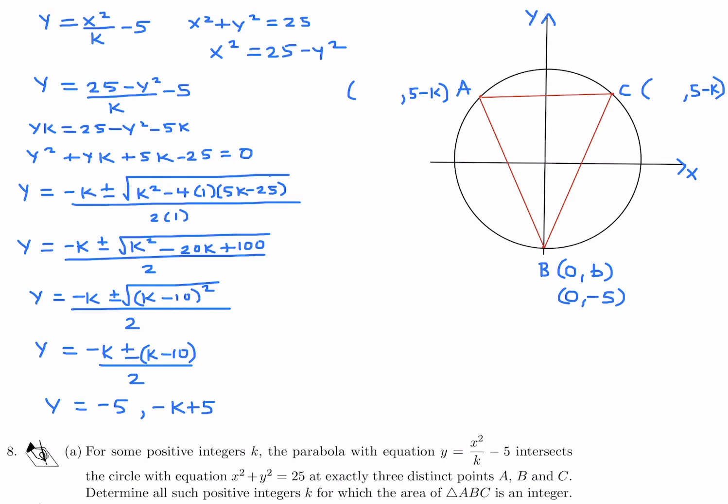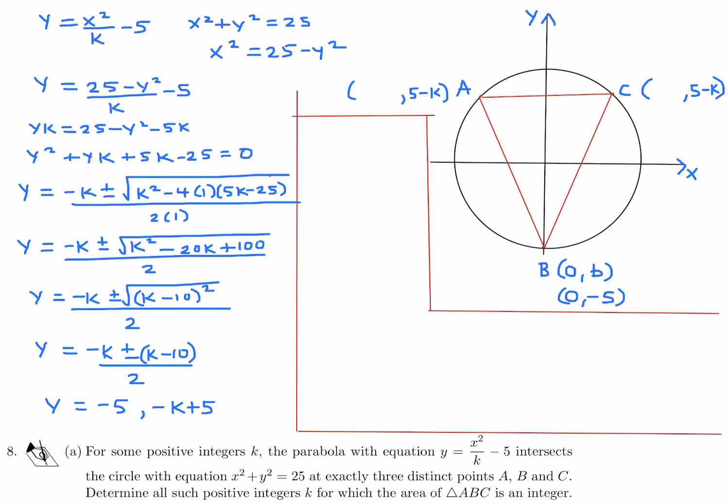Now our task is to figure out the x values. Well, to get the x values, we can substitute this into either this one or this one, whichever you feel is easier. Both of them are pretty much the same, so I'll just use either one. It doesn't really matter. So if you sub it into the first one, we get 5 − k = x²/k − 5.